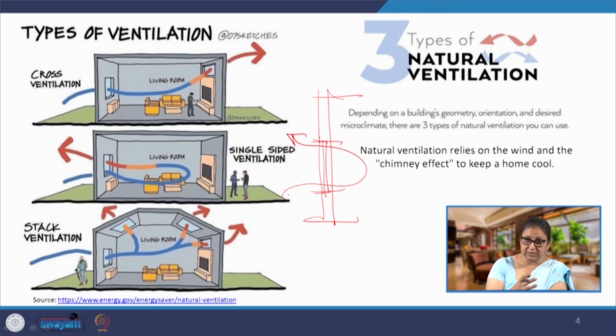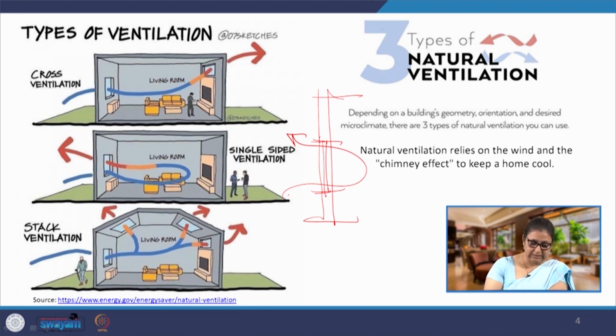While in cross ventilation, we are actually looking at the ventilation through the entire space, and in case we have fenestrations which are provided on different levels, in walls as well as roofs, then we are talking about stack ventilation. This effect can be enhanced with the help of strategies such as what we have seen yesterday, which is wind towers.